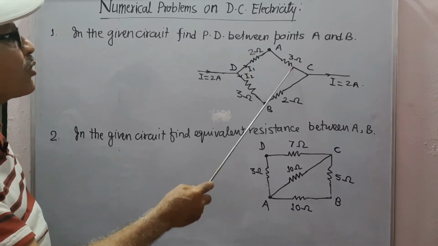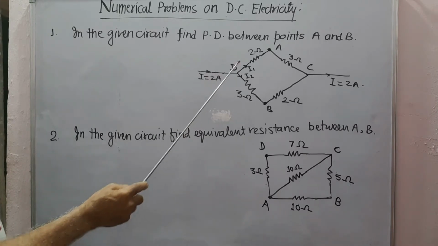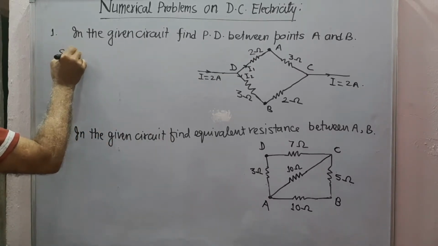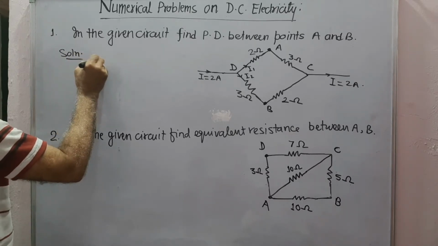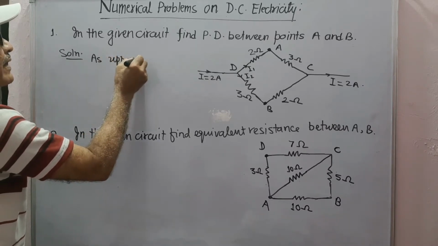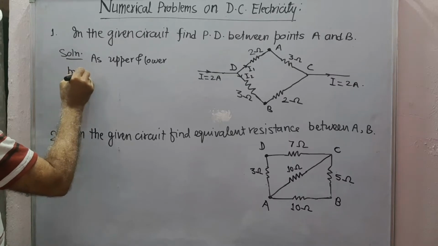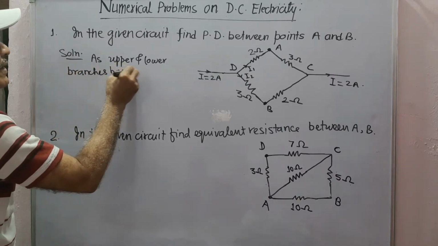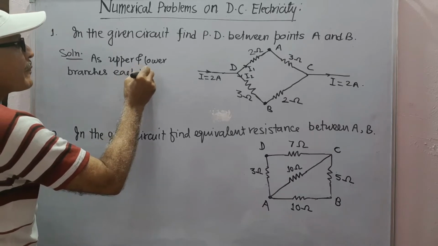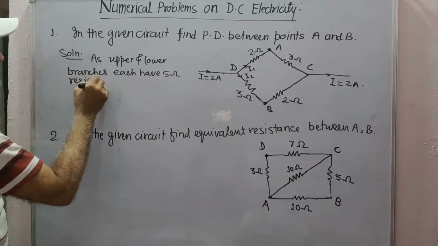Now, both the upper and lower branches being of equal resistance, this current of 2 ampere will be equally divided into the upper and lower branches, as the upper and lower branches each have 5 ohm resistance.